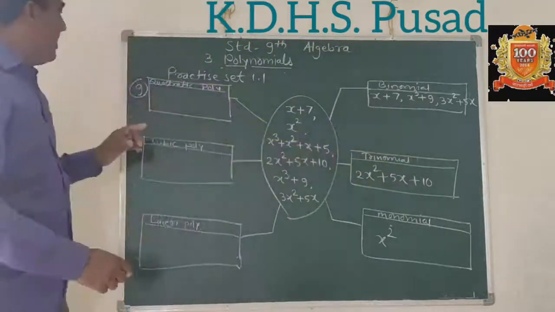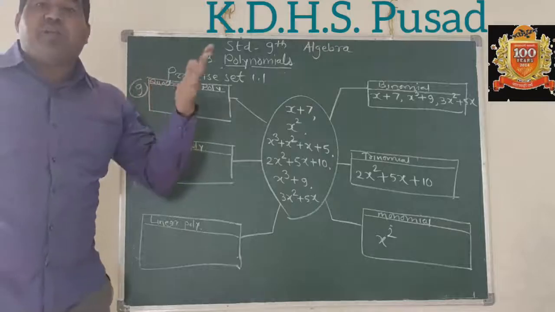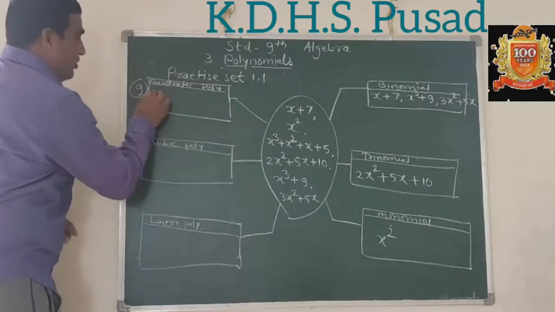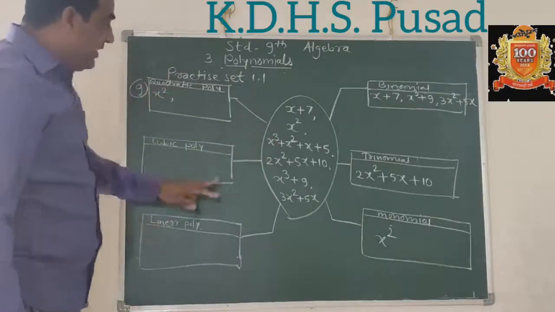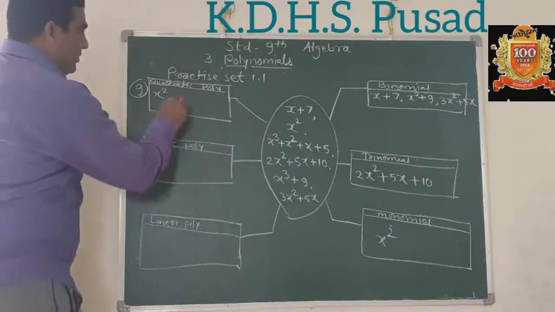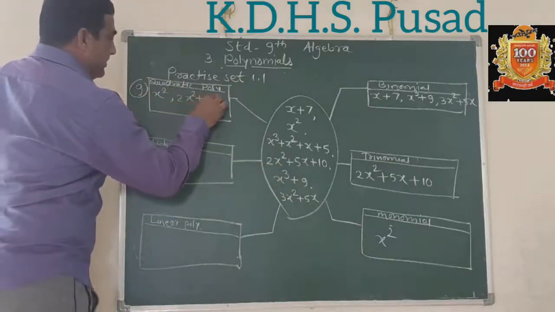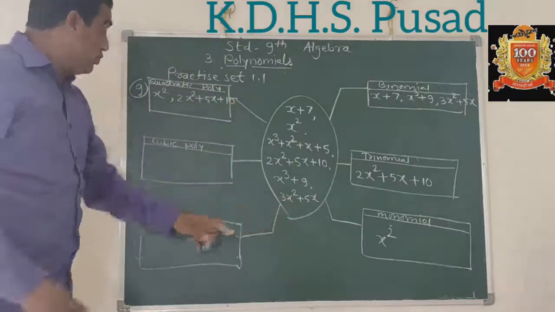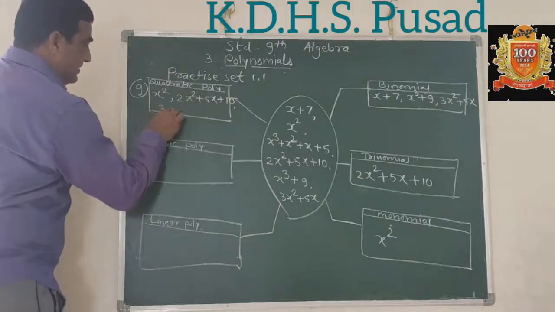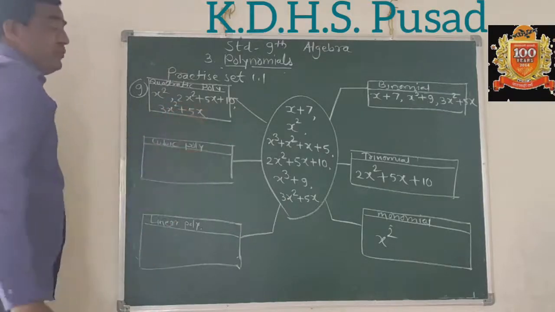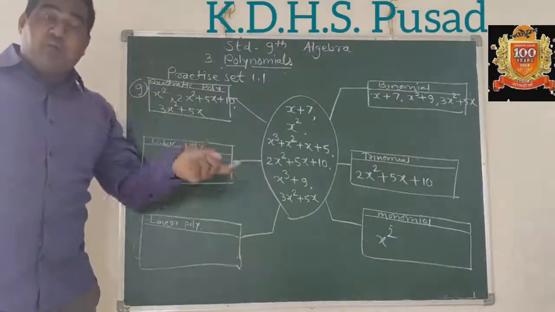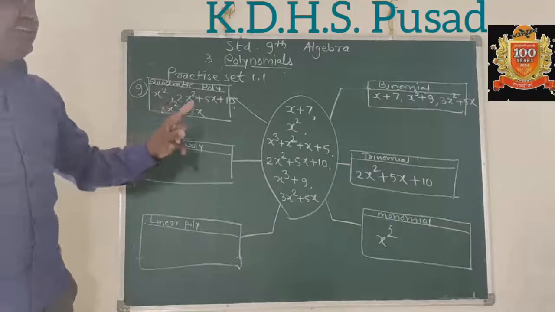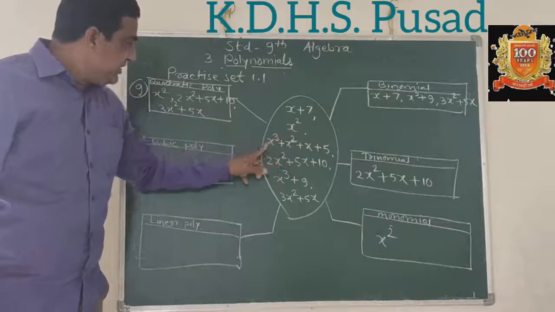So on the basis of terms, you have to write here. Now quadratic, on the basis of degree. Quadratic has degree 2. Take this degree 2. So you have to write here x square. Then again degree 2, that is 2x square plus 5x plus 10. Again check the last one, degree 2, 3x square plus 5x. So here you have to write all the polynomials which have degree 2. Now cubic polynomial has degree 3. Check this degree 3.